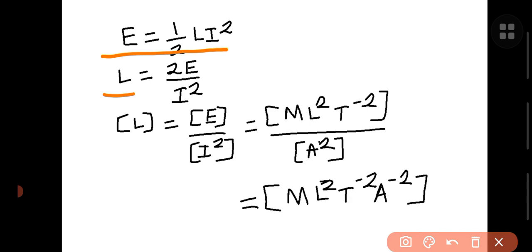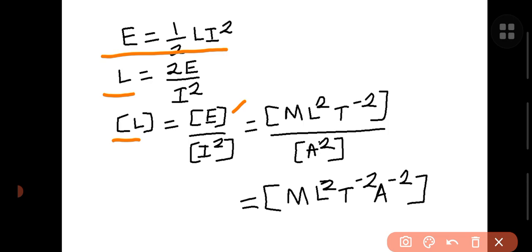Here 2 is a constant, so we can neglect it, because we are going to find the dimension, not the value of L. So dimension of L is equal to dimension of energy divided by dimension of the current I square.